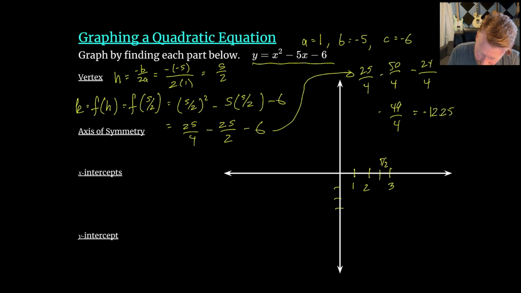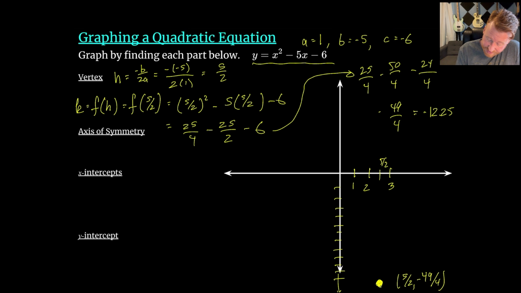So 1, 2, 3, 4, 5, 6, 7, 8, 9, 10, 11, 12, and 0.25 is right around there. So I could label this vertex as 5 halves, negative 49 fourths. Okay, there's my vertex.